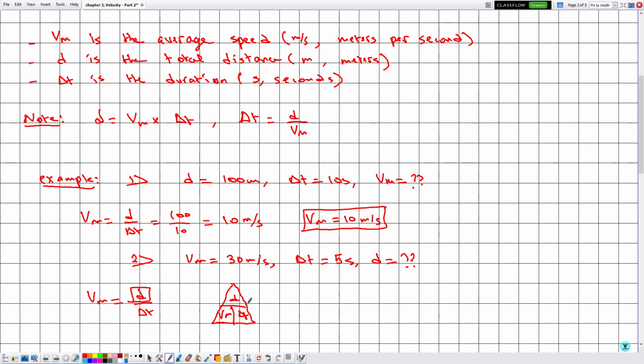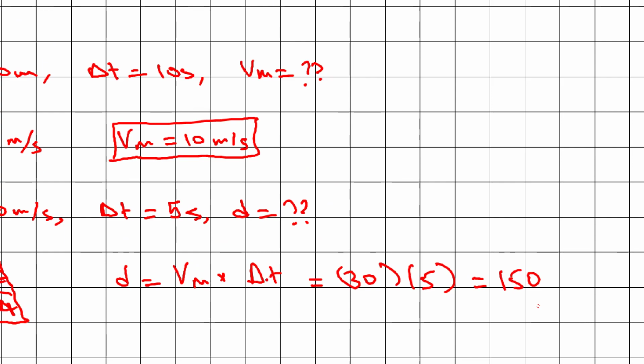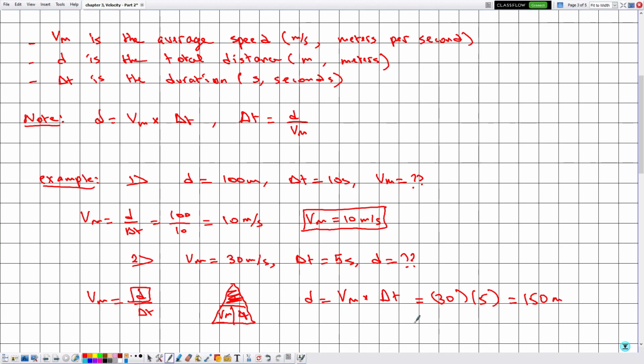We are interested in determining the value of d, so putting our hand over d, then d is given by Vm multiplied by delta t. Now the value of Vm is given by 30, the value of delta t is given by 5. Plugging this on the calculator, the value of d is given by 150. Since both Vm and delta t are expressed in the SI, so Vm is in meter per second and delta t is in second, the unit of d will be in meters. So the distance d is equal to 150 meters.